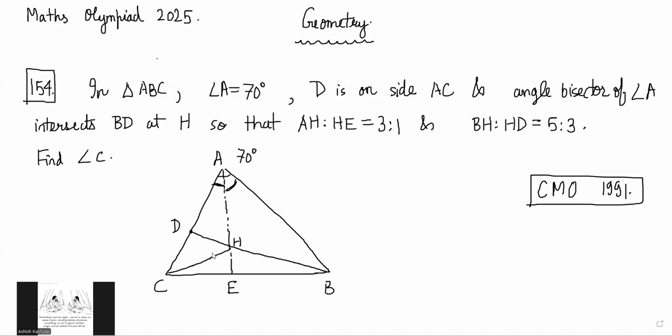Technically, we know the ratio of CE is to EB by the angle bisector theorem. But right now we don't know the ratio of AC and AB, therefore we can't do anything.